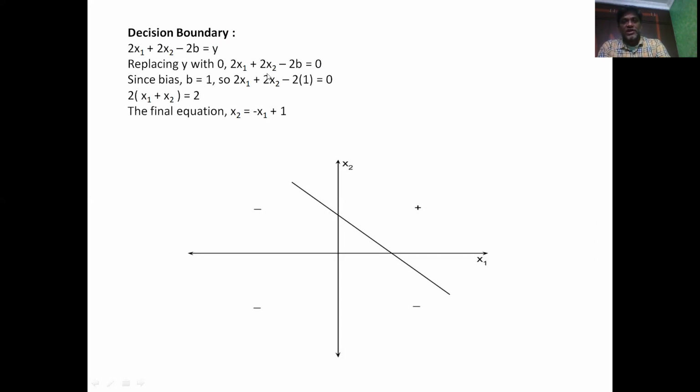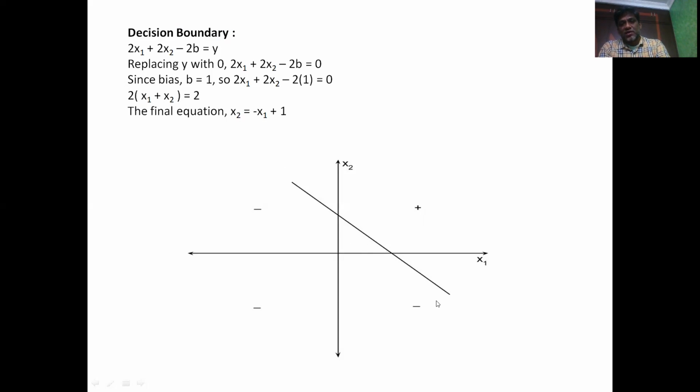So we'll get 2x1 plus 2x2 minus 2b is equals to 0. And by taking 2 out, we'll get x1 plus x2 minus 1 is equals to 0. And finally, we get x1 plus x2 is equal to 1, which will produce x2 is equals to minus x1 plus 1. You can draw this x2 is equal to minus x1 plus 1 into your graph like this.